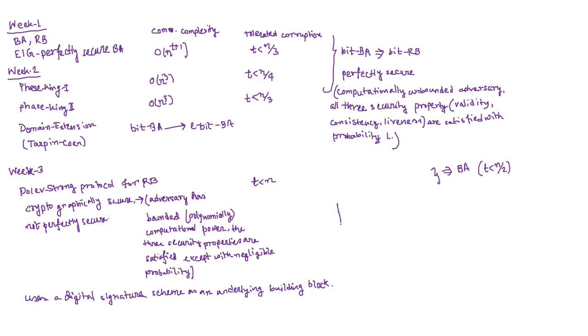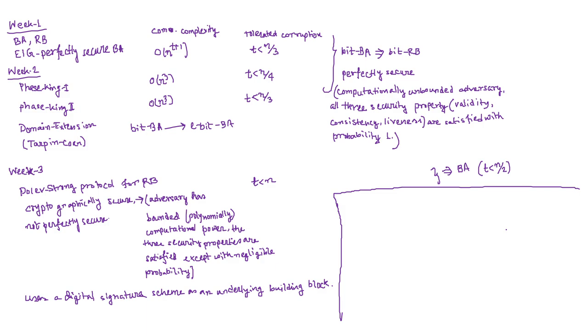So basically, in any reliable broadcast protocol there is a designated sender, and what we really want to achieve is that at the end of the protocol, all the honest parties will have a common output.